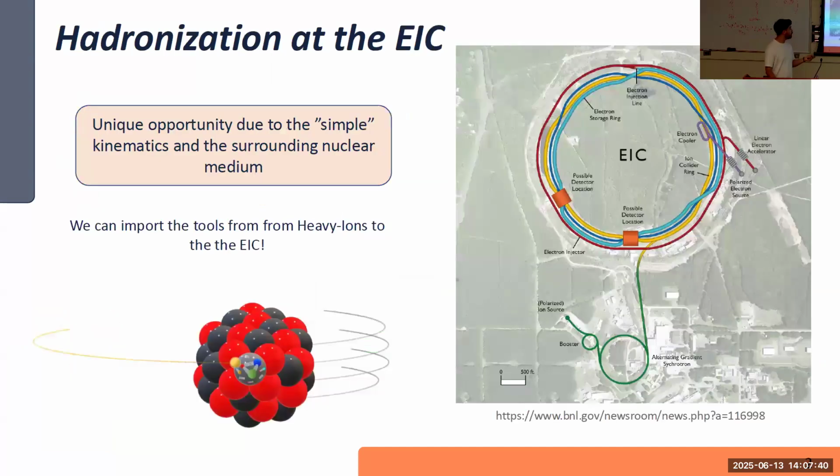But now, given the amazing machine that is the EIC, we can ask ourselves the following question: how can we explore hadronization with this machine? It turns out the EIC will provide a unique opportunity to understand hadronization much better, and the way that we will do that is by importing many of the tools from heavy ions, from jet physics and deep inelastic scattering.